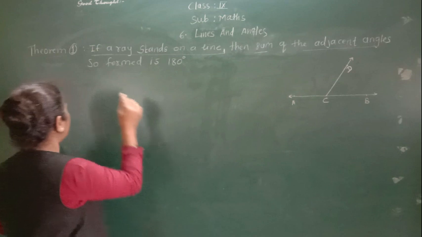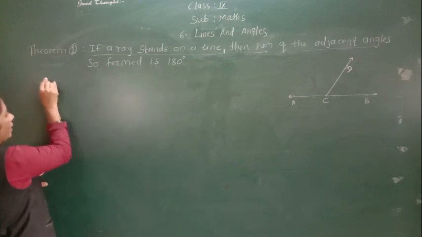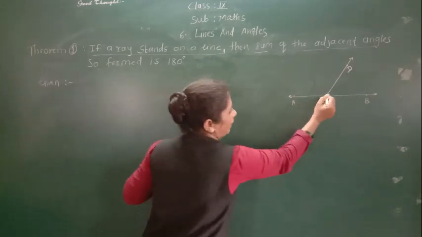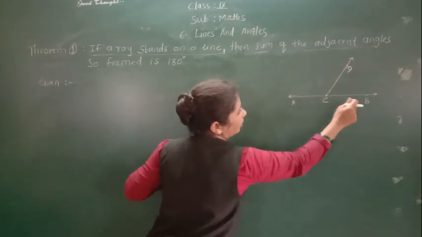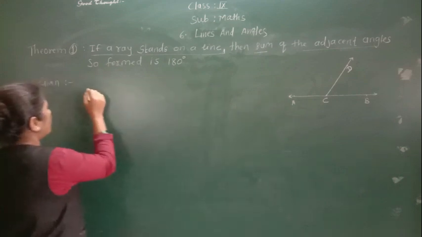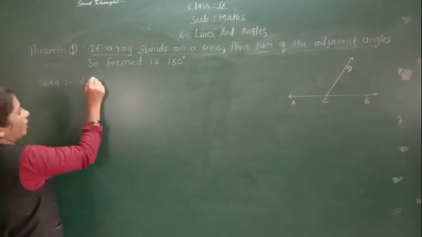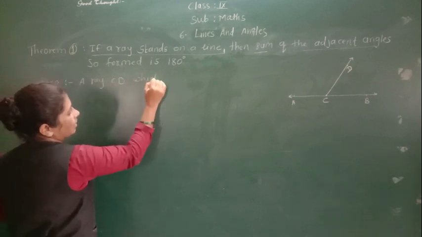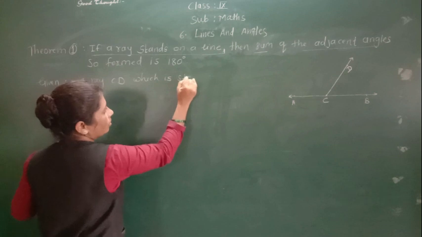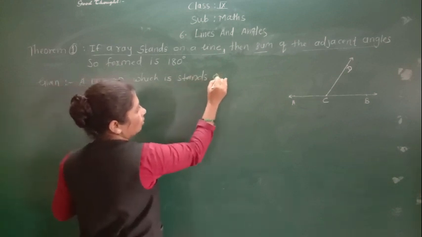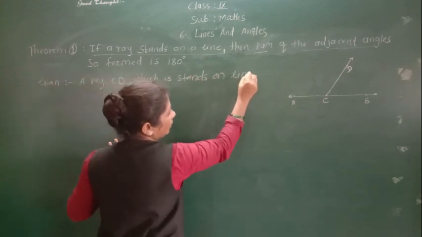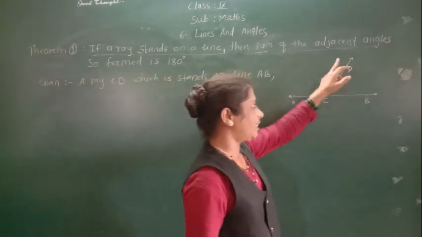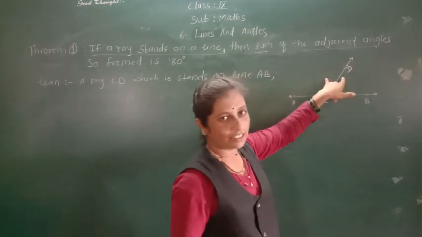So what is the given? We will write given: a ray CD which stands on line AB. So angle ACD and BCD are the two adjacent angles so formed.